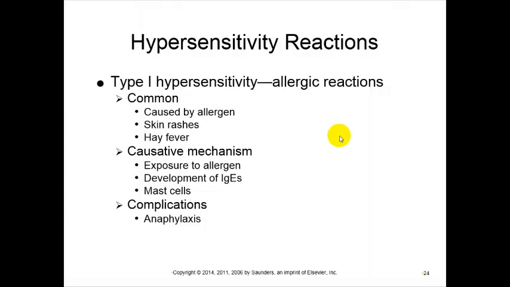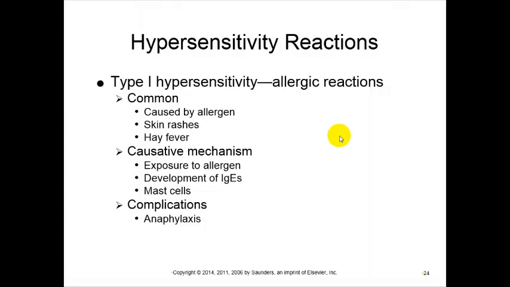The first type is just called type 1 hypersensitivity, and it's what we typically think of as an allergic reaction. The cause is some kind of allergen. An allergen is an antigen that the body reacts to, but it's really not a microorganism. So it's not something that would normally cause an infection.